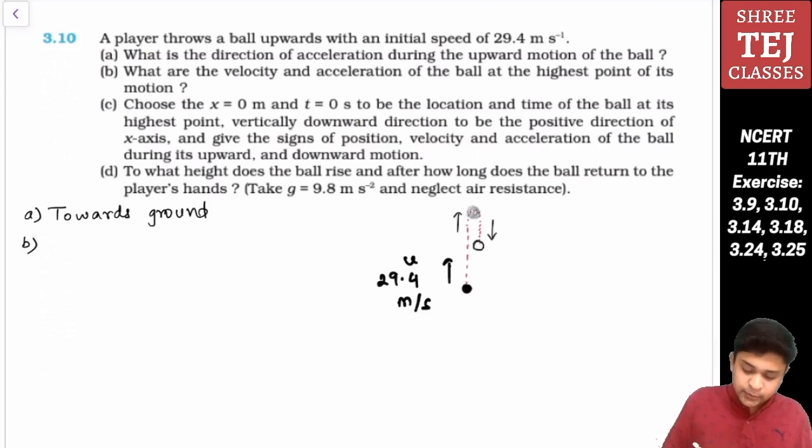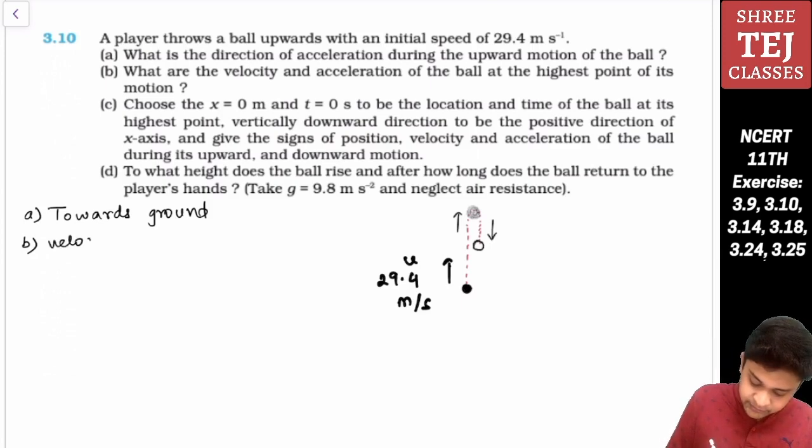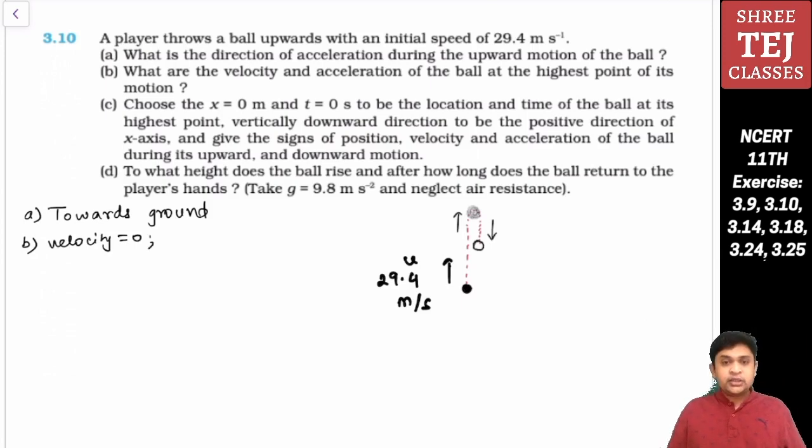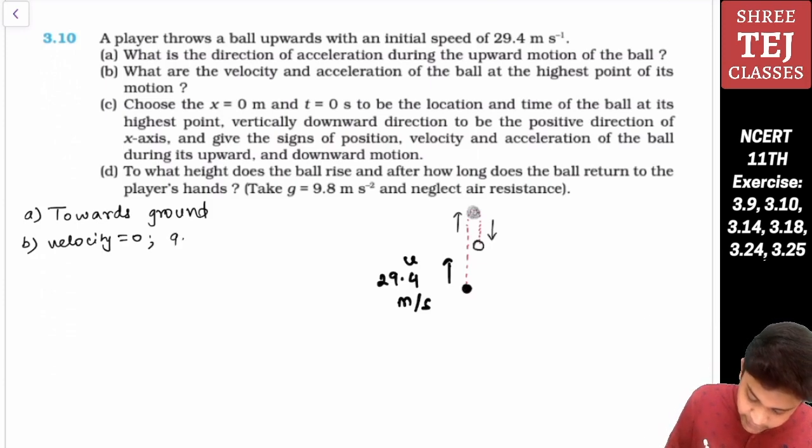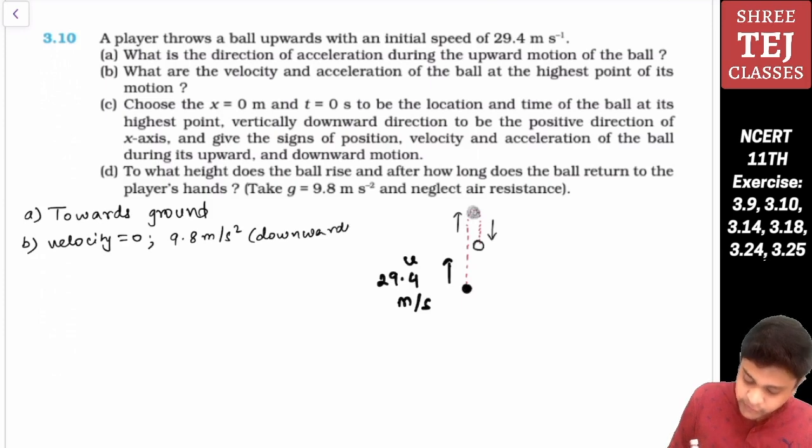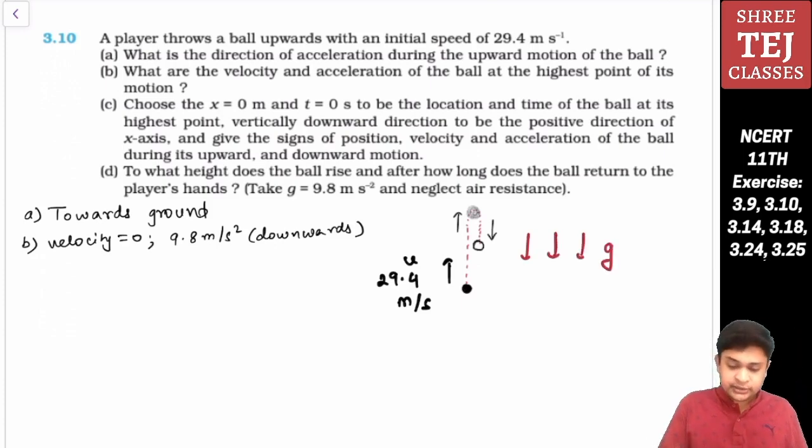So at the topmost position, velocity will be 0 and acceleration will be what it was initially, which is gravitational acceleration g. So it will be 9.8 meter per second square downwards. So acceleration g will always be downwards.